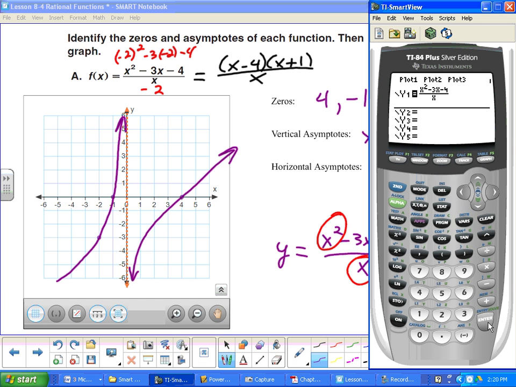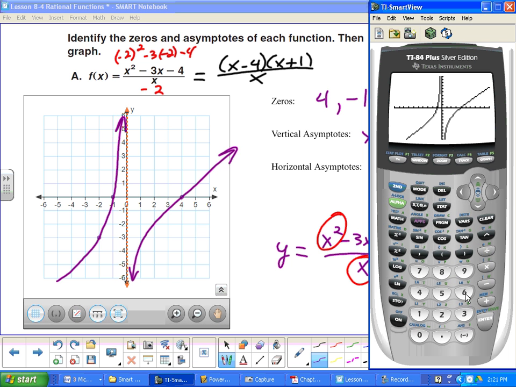I always like to go back to the original so that I know I'm putting it in right. Alpha y equals. And you can do it the old way, put stuff in parentheses and divide. So now when I graph this, zoom 6 and draw my graph. And hey, that looks a lot like what we did there.